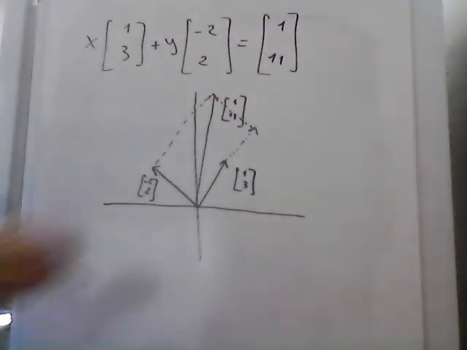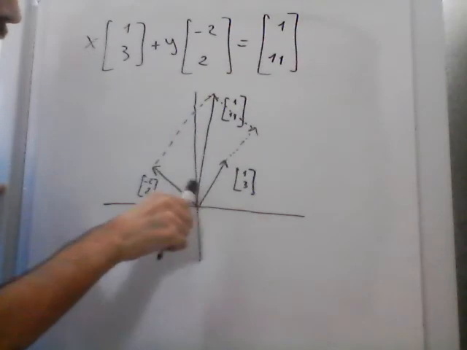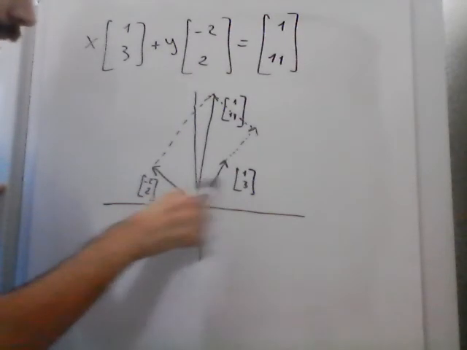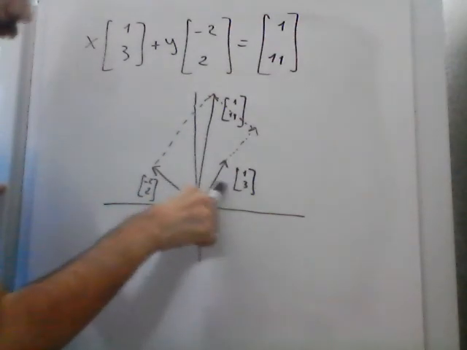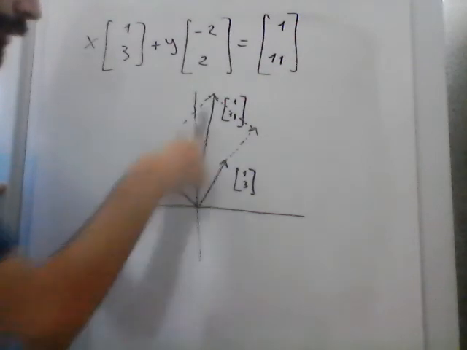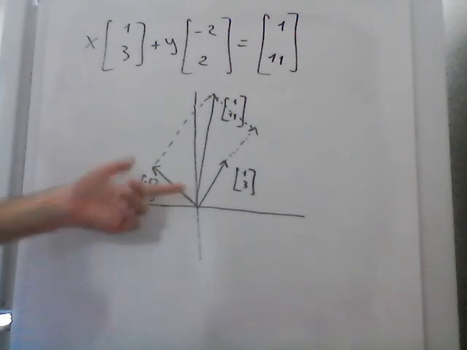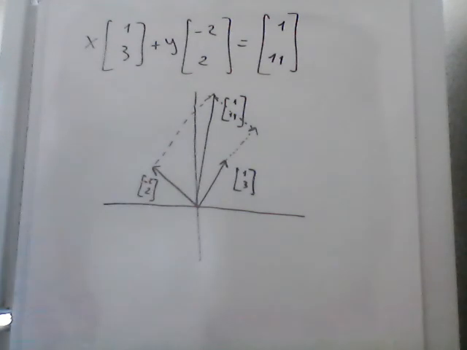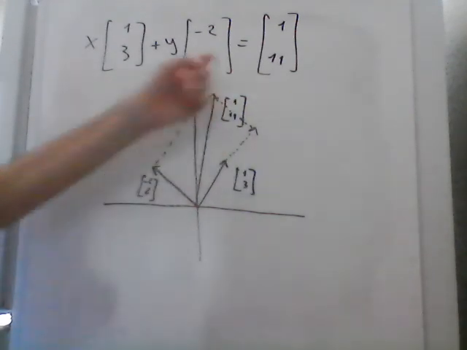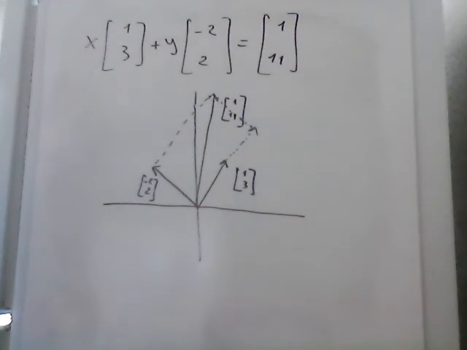Okay, so we are looking for the right coefficients such that if we take the sum of the rescaling of these two arrows, we get the third arrow. Okay, so this is the geometrical interpretation of finding a linear combination, of showing that a vector is a linear combination of other two vectors, which is the same as the geometrical interpretation of solving a linear system.